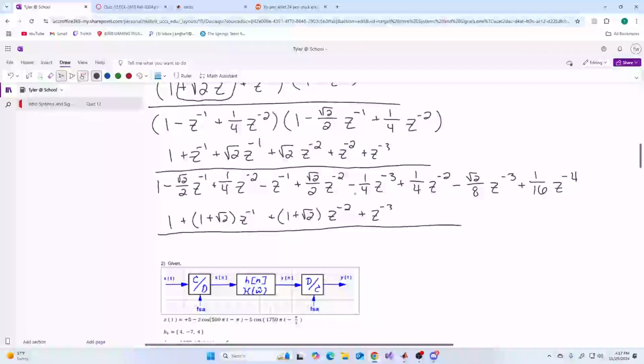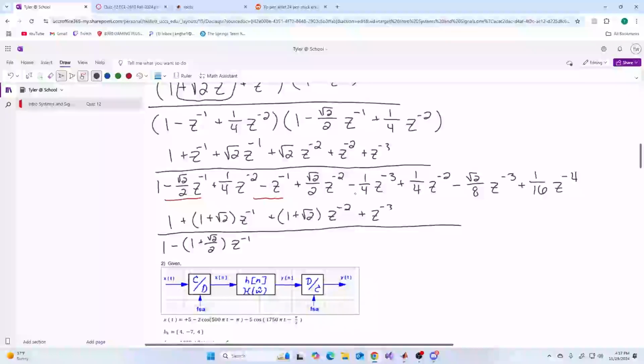So I have 1. I'm just going to underline it because there's many more. z to the negative 1, z to the negative 1, and that's it. So I'm going to have minus 1 plus root 2 over 2 z to the negative 1. I know it was a negative sign. I just brought the negative sign out up front and then put the positives there. So if you have any confusion with that, let me know.